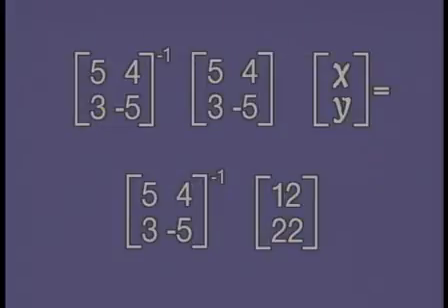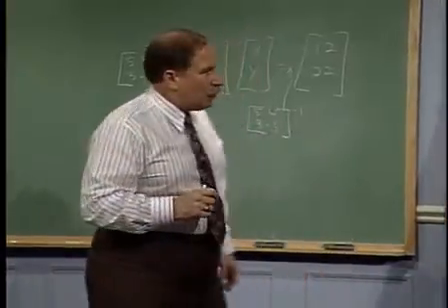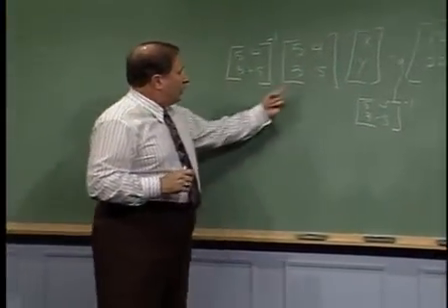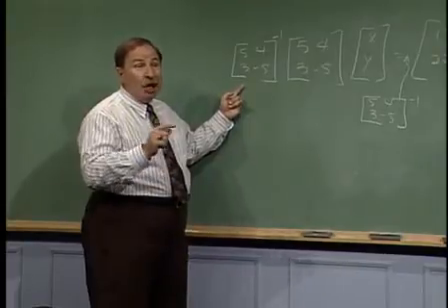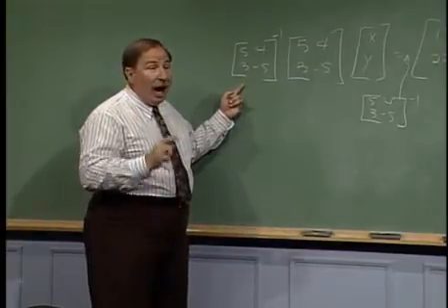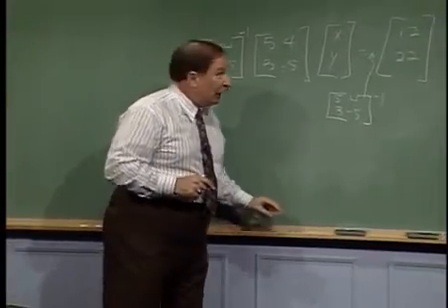And remember, what happens when we multiply a matrix by its inverse? Let's go back to the board and talk about that. When I multiply this matrix by its inverse, it's no different than multiplying a number by its reciprocal. I am going to get the identity matrix, which we talked about in the previous chapter.